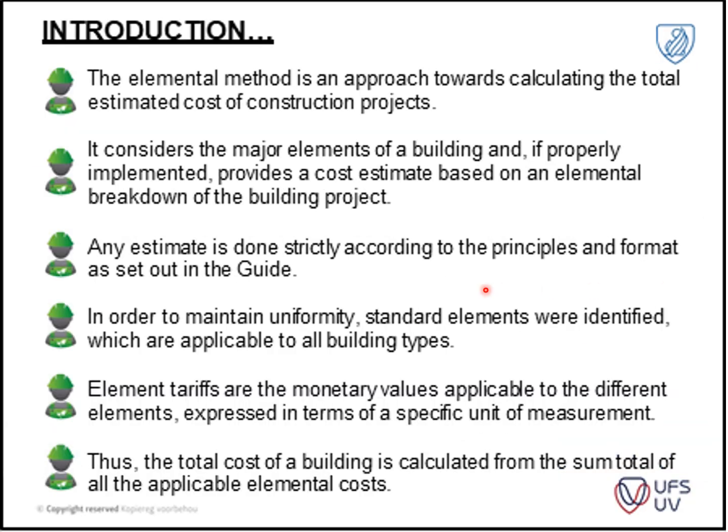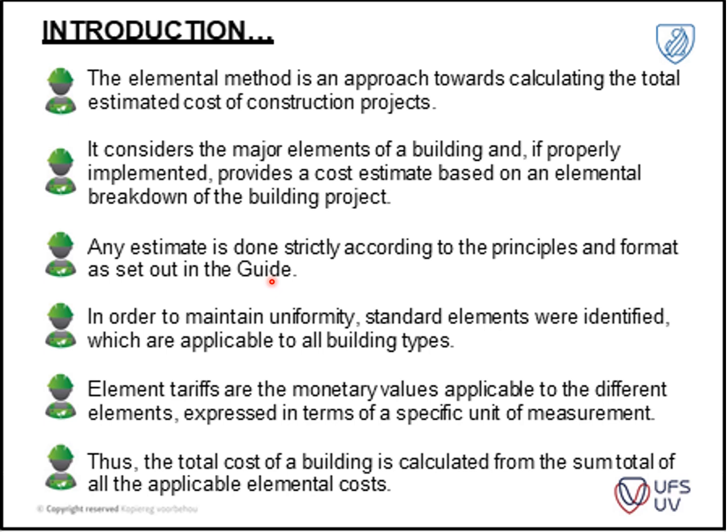So looking at some other items that we just need to consider: the elemental method is an approach towards calculating the total estimated cost of the construction project, obviously taking into consideration the major elements of a building, and if properly implemented provides a cost estimate based on the elemental breakdown of the project.